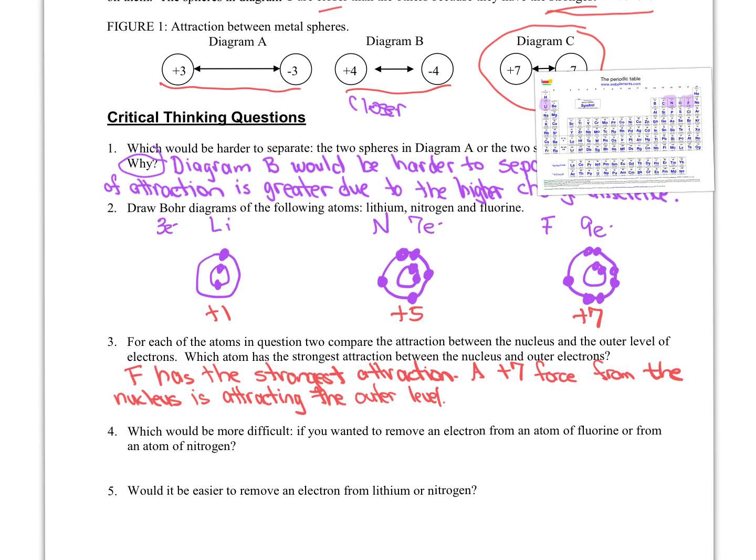It has 9 protons in the nucleus. The outer ones feel a +7 because it's blocked by those 2. But nitrogen, the outer ones only feel +5 because its +7 is blocked by those 2. And lithium's outer electrons only feel a +1. So fluorine has the strongest attraction.